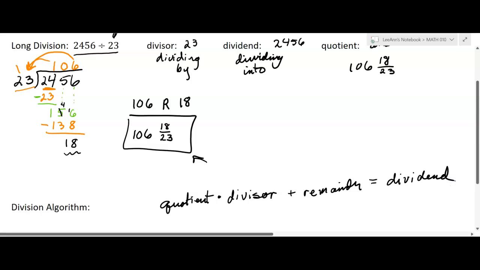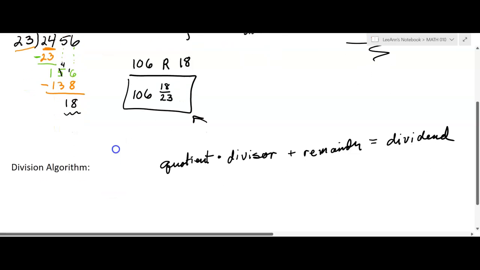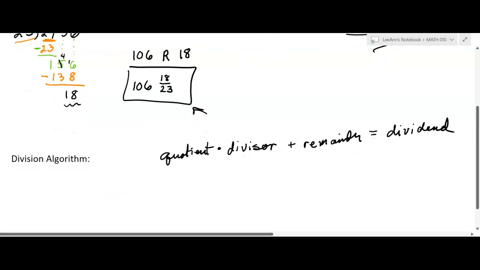In our case, you have to split up the answer into a remainder part and the quotient part, like the integer part.